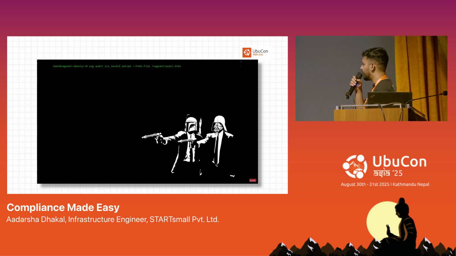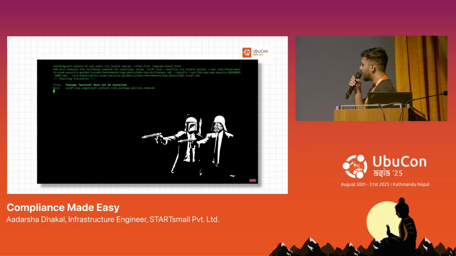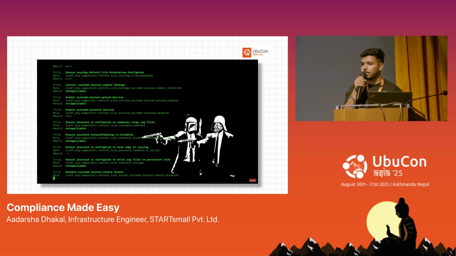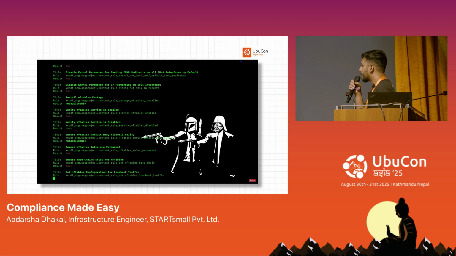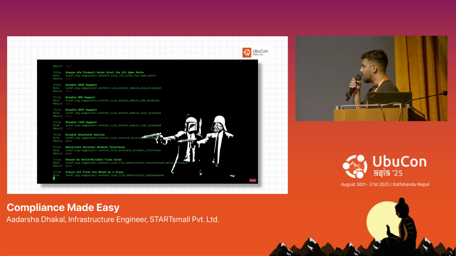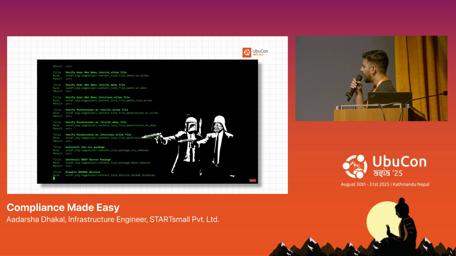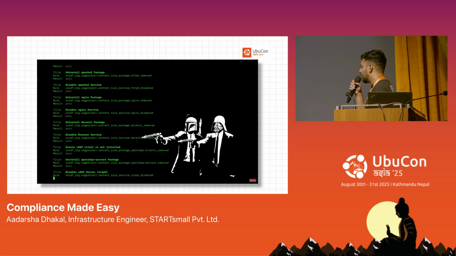Now we'll run the audit command. We are running the audit for CIS level 2 server benchmark. As you can see, a lot of rules are failing and a few are passing too. This will take about 20 seconds to complete.